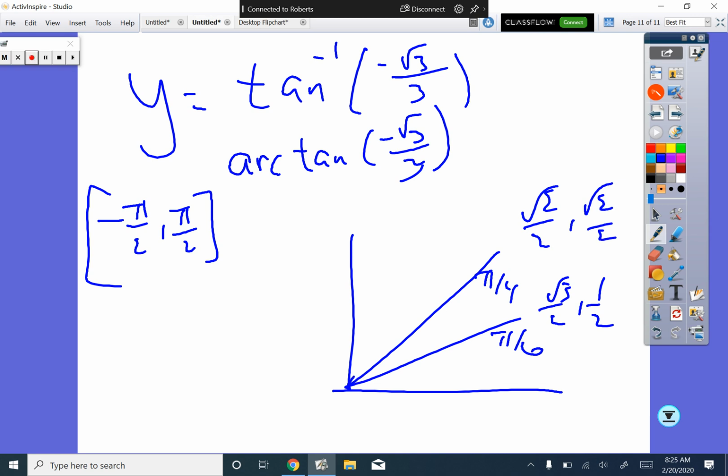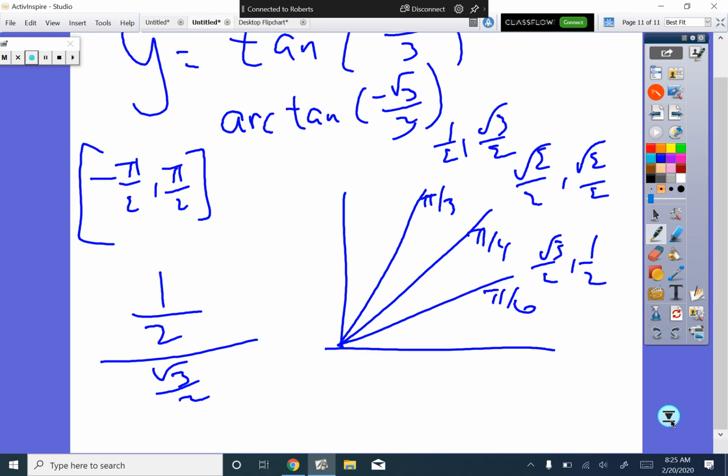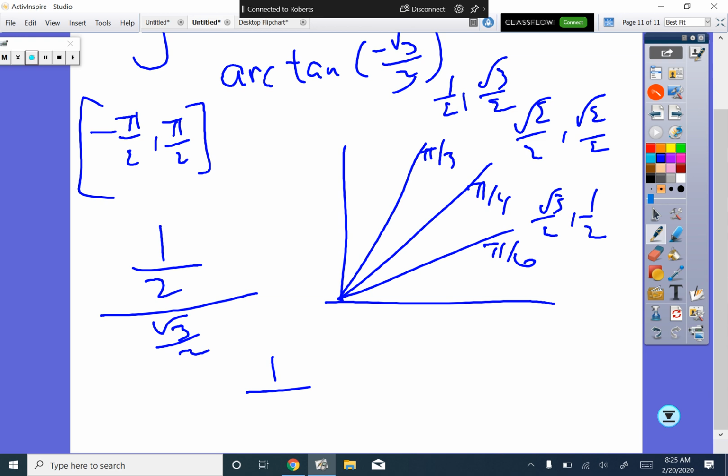And then we have up here pi thirds, which is 1/2 comma root 3 over 2. Agreed? So what would be the tangent value of pi 6? Yep, it'd be 1/2 over root 3 over 2, which comes out to be 1 over root 3, which is root 3 over 3.